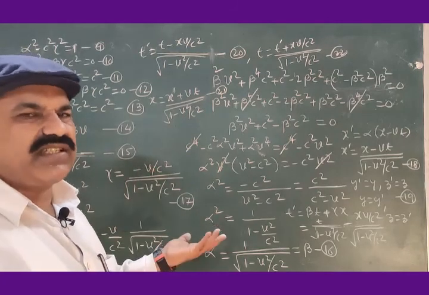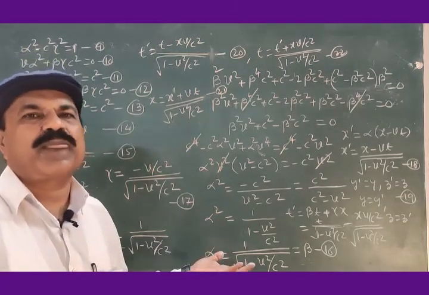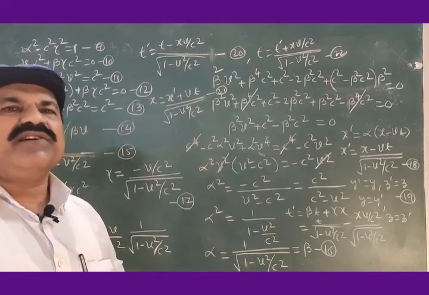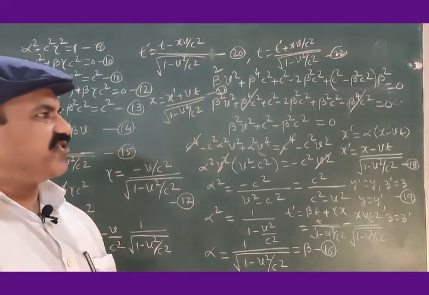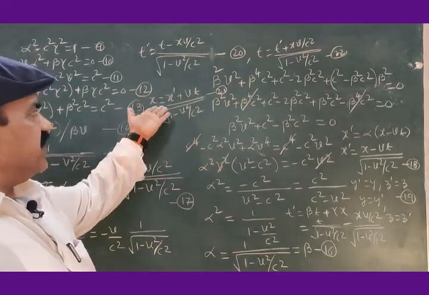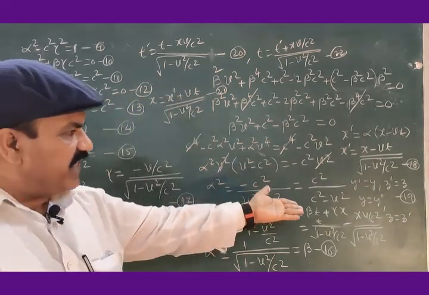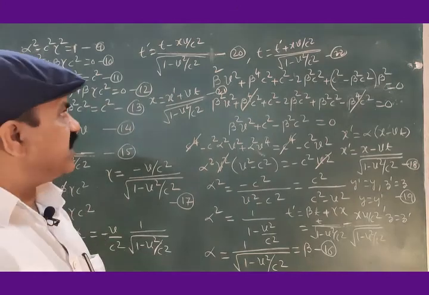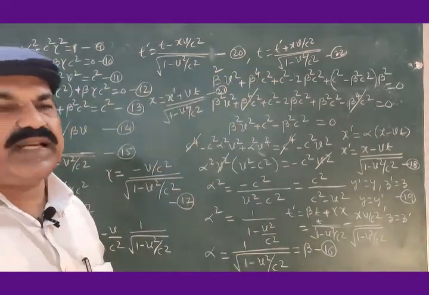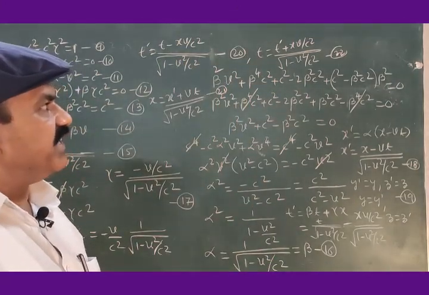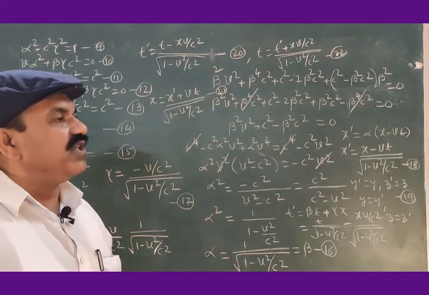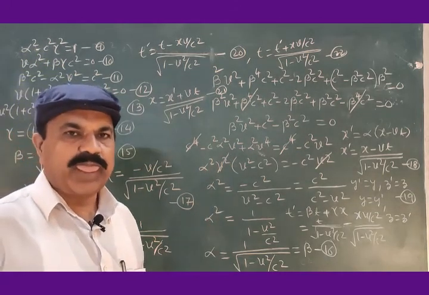And from these, we will simply write the inverse Lorentz transformation equations, that is x is equal to x prime plus vt by the square root term, y is equal to y dash, z is equal to z dash, and t is equal to t prime plus x into v by c square divided by the square root term, equation number 22.